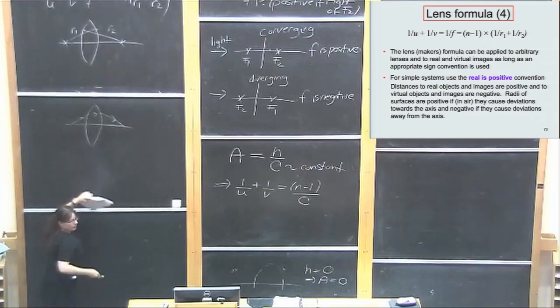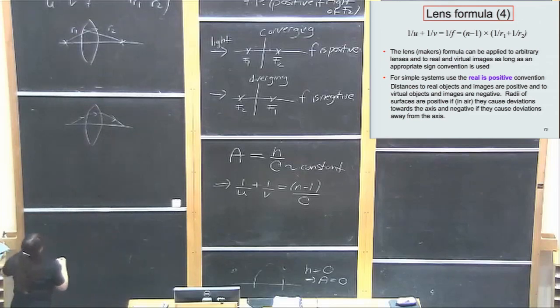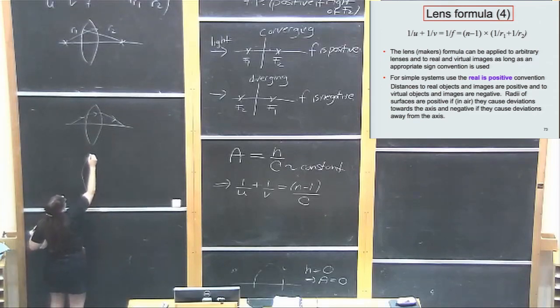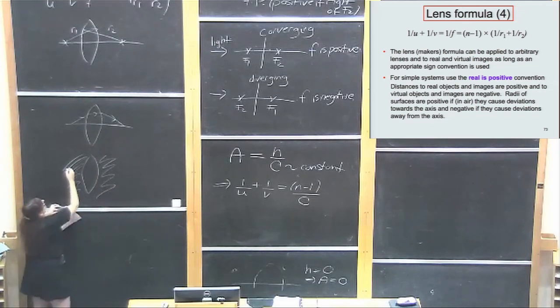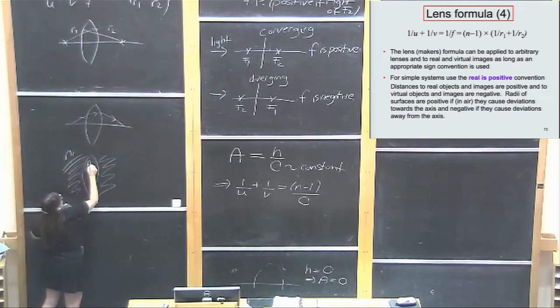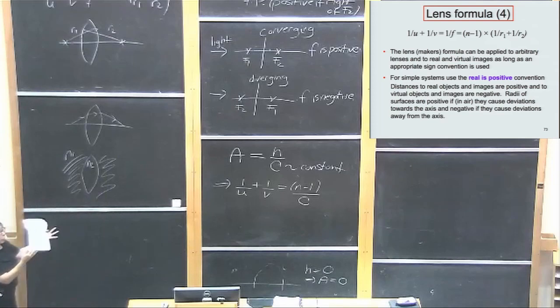Now, the reason you define it only by the behaviour in air is because I could have a situation where I have exactly the same lens, but let me immerse it in some very dense oil or something like that. I'll call that N1 and that N2. N2 can still be glass, or we could be talking about an air bubble in water or something.